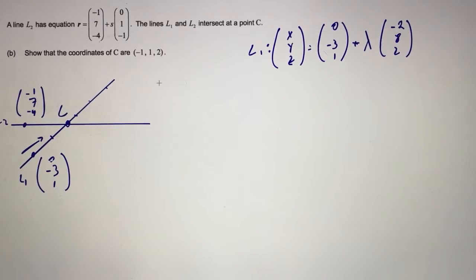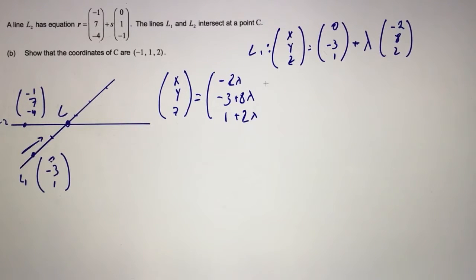So if I write my line L1, or any point that belongs to my line L1, as 0 minus 2 lambda, so just -2 lambda, -3 plus 8 lambda, and 1 plus 2 lambda, I know that for some value of lambda, it's going to end up at the same place as a point on my line L2, which is dictated by -1 plus 0 times s, which is just -1, 7 plus s, -4 minus s.